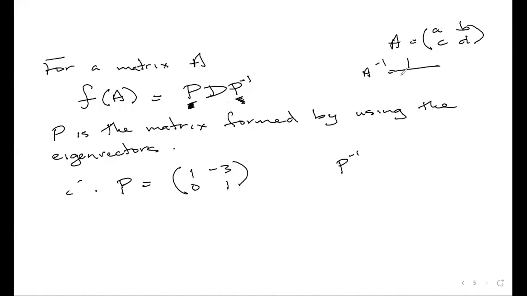Well, it's one over the determinant times the transpose of the matrix of cofactors. So you just negate B and C and switch A and D.